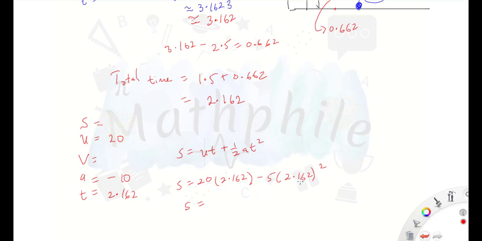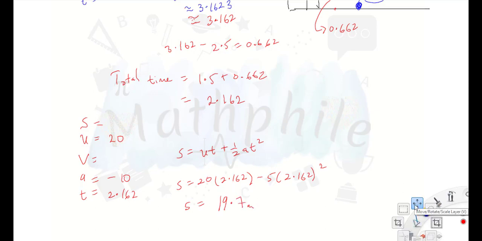This squared won't be more than 6, it should be like 5 or so. 2 squared is 4, and with 0.1416, let's approximate it to 1, so that will be 5. 5 times 5 is 25, and this 25 is less than 20, so we shouldn't get a negative value. The answer is 19.97 meters.